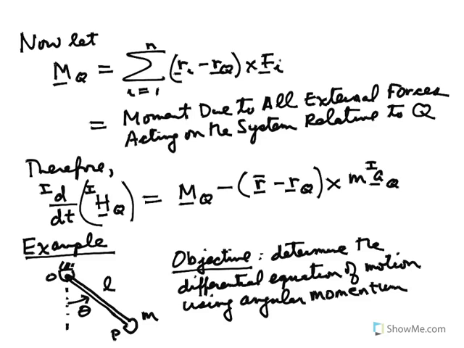Now, in order to be able to do this problem, we're going to go about it in the following way. We're going to do the kinematics, and then we're going to do the kinetics. Oh, and I forgot, there's gravity acting downward.